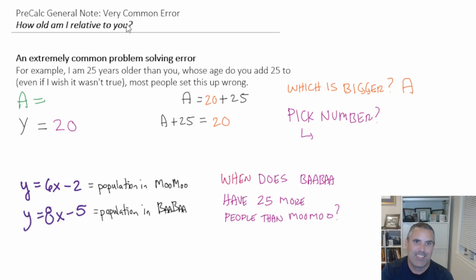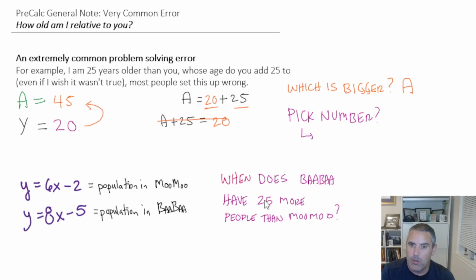I'm not negative 5. You have to add to this to get this. The smaller number plus the thing you're adding equals the bigger number. The thing you're adding should be on the smaller side of the equation because it's the smaller number plus what you're adding.